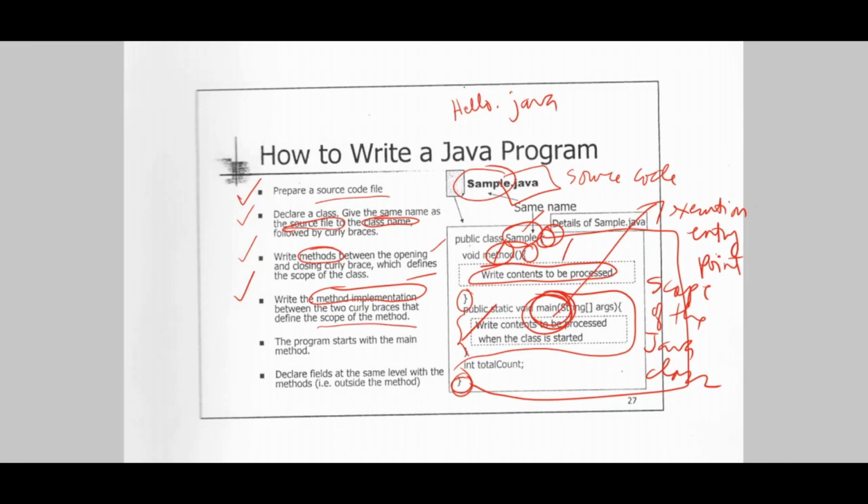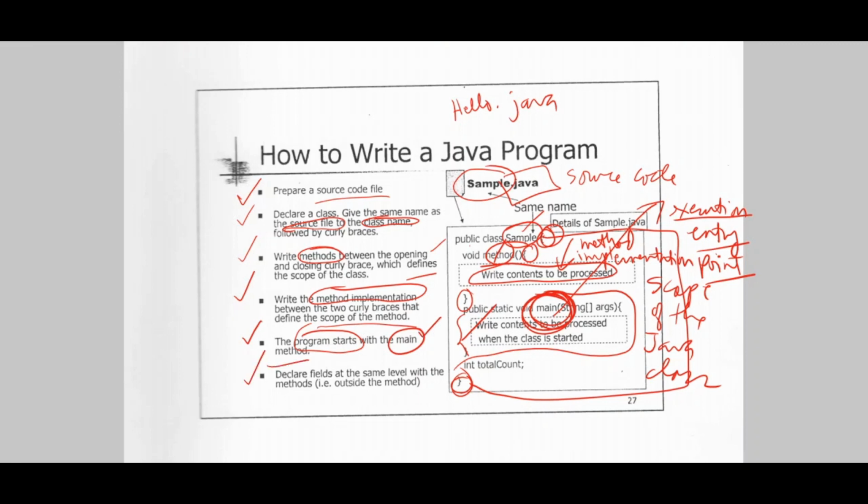We call this part the method implementation. Next, the program starts with the main method. Just as I said a while ago, the execution entry point is the main method. So again, the program starts its execution with the main method.